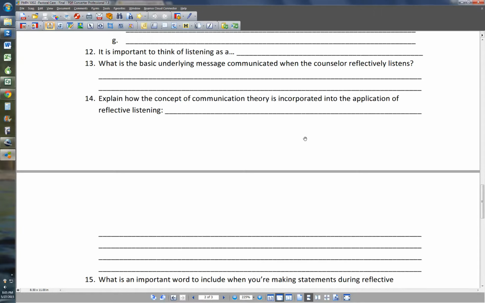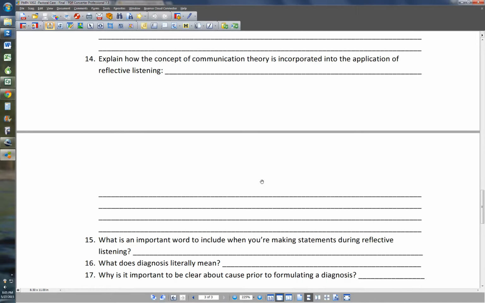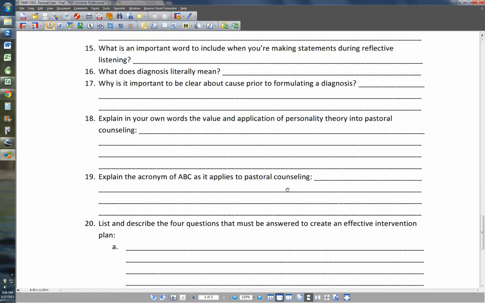So this is a long one, but what I want here is communication theory is when I was teaching on how I formulate a thought, I try and put it into words, somebody else across the desk is hearing it, and they try and decode and understand my meaning, and through that process of communication theory, meaning is often misunderstood, it's often lost, and so reflective listening allows you to reflect back statements that help to clarify meaning. Right?